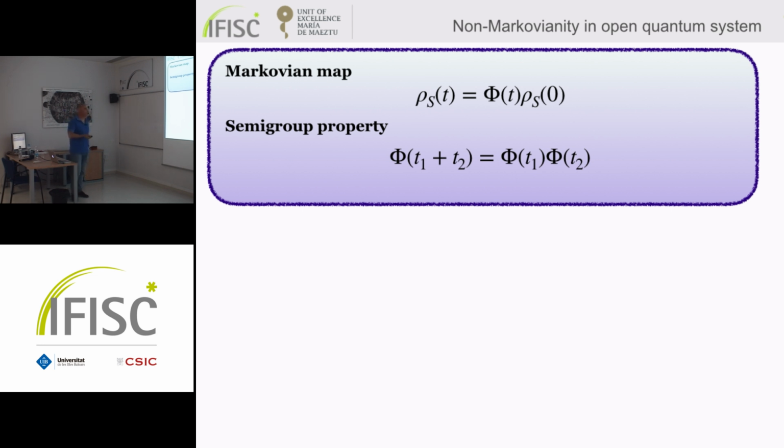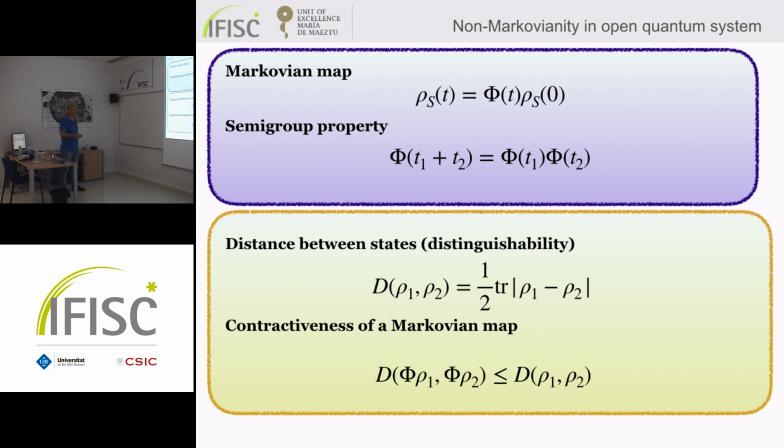And another thing I have to define is the distance between two states. Given two states, rho 1 and rho 2, I can define the trace distance between them as the trace of the absolute value of the difference between them. And this is a valid way to characterize the distinguishability between states. If the distance is 0, it means that you have the same state.